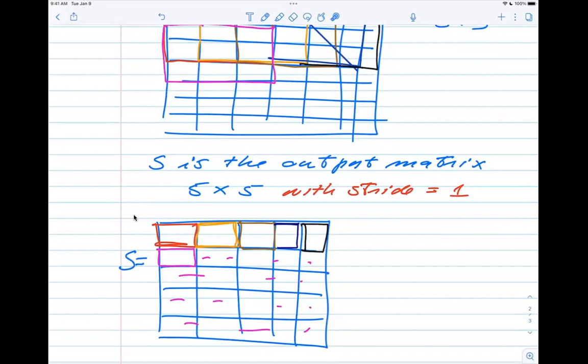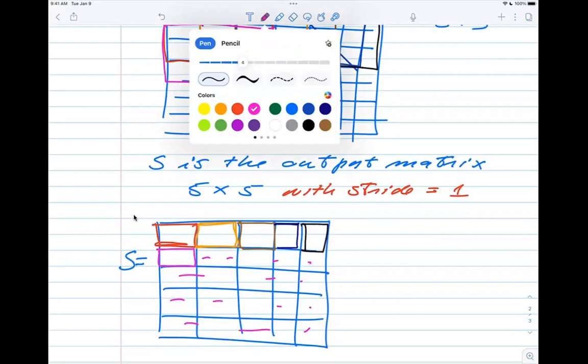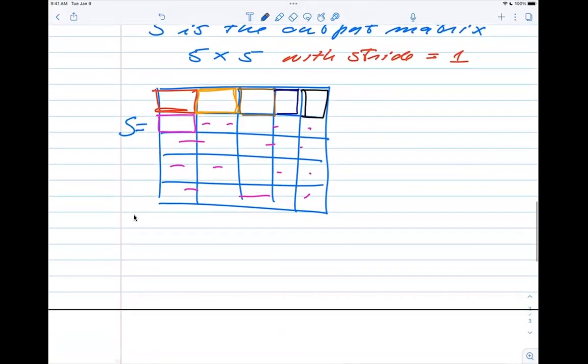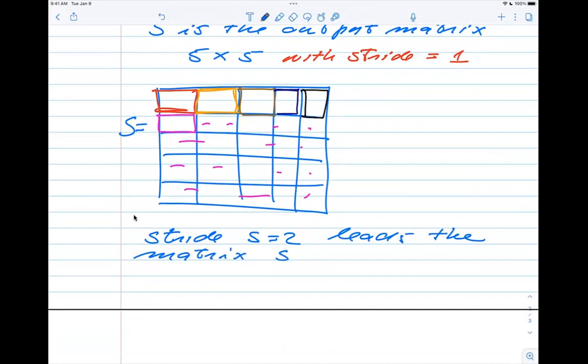So if I have a stride equal to 2, then I'm going to get a slightly different matrix. If I put stride s equal to 2, then we are actually going to obtain an S matrix with a dimensionality given by a 3 by 3 matrix.